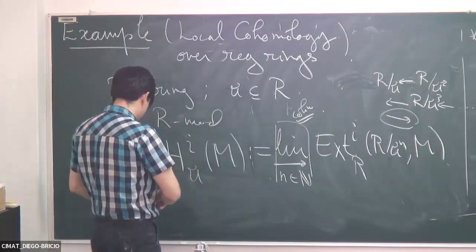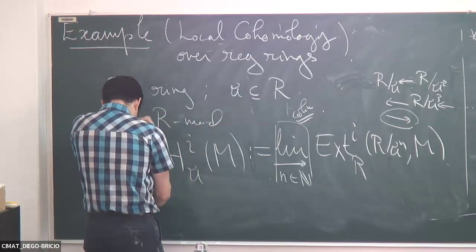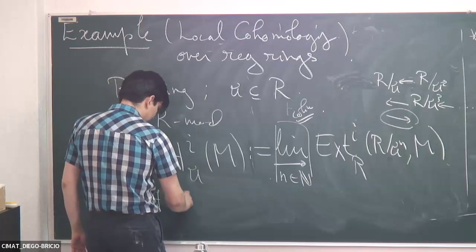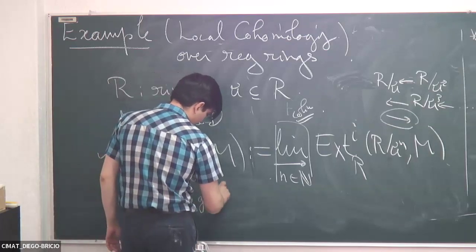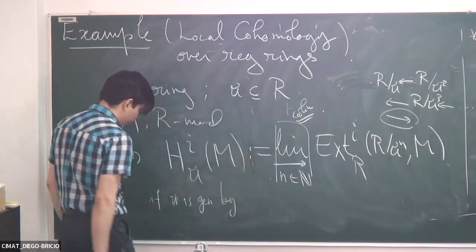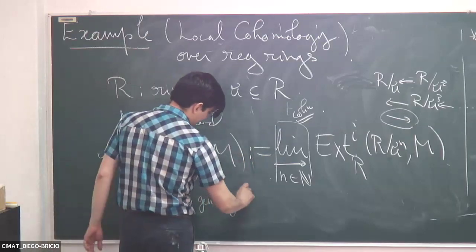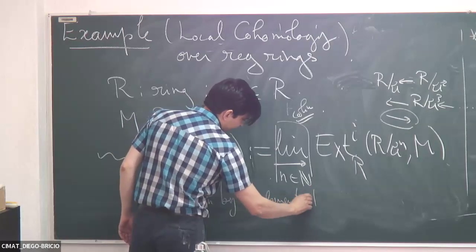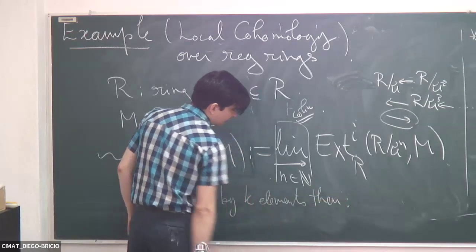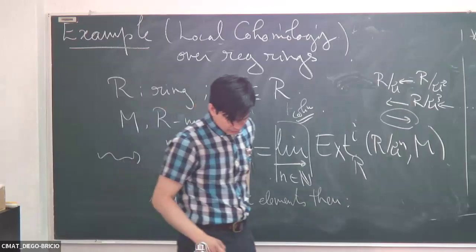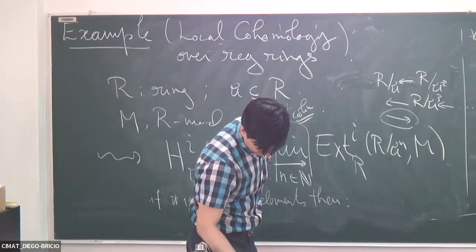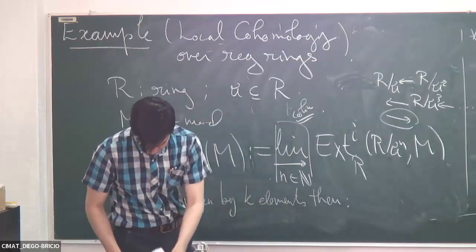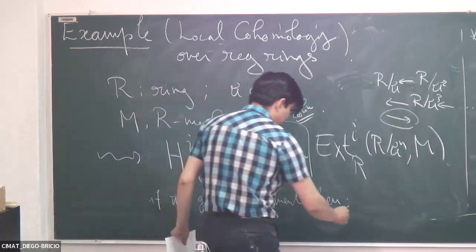So the point is that if A, let's say, is generated by k elements, let me get the numbers right.